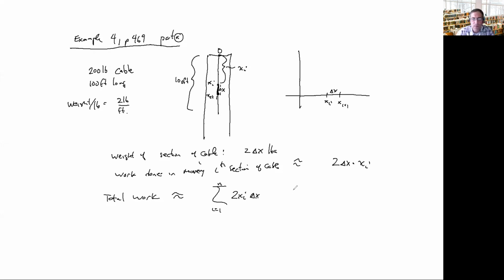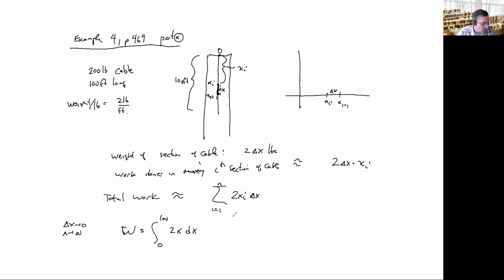So this is a Riemann sum, and then we take delta x going to 0, in other words n going to infinity, to get an exact answer. The total work, W, is given by the integral from 0 to 100 of 2x dx. The 2xi becomes 2x, and the delta x becomes dx.